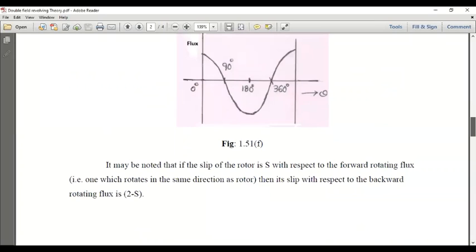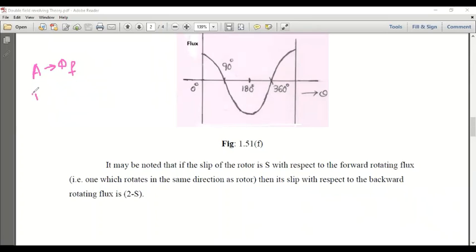Here we have considered two vectors. A is in one direction, rotating in anti-clockwise direction. I am considering that as forward flux phi f.